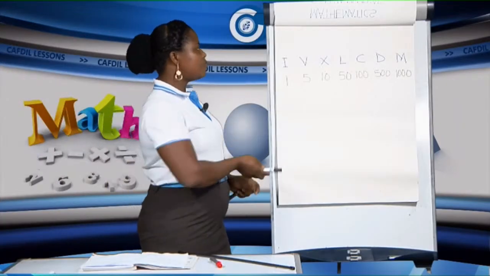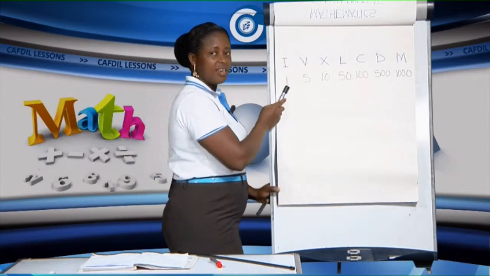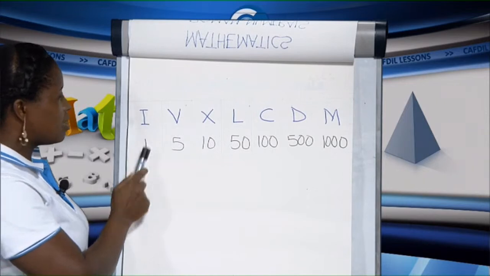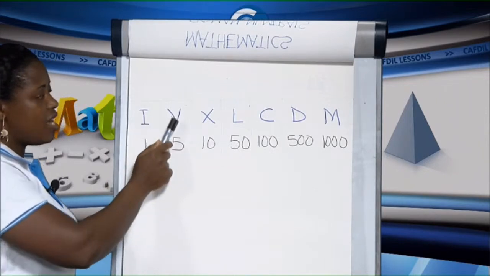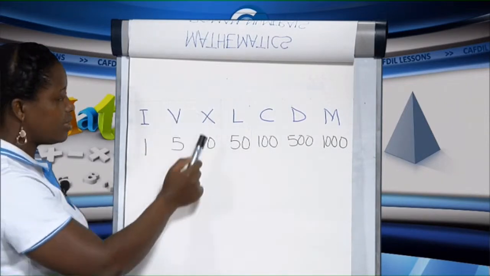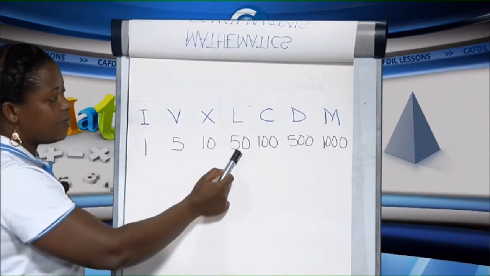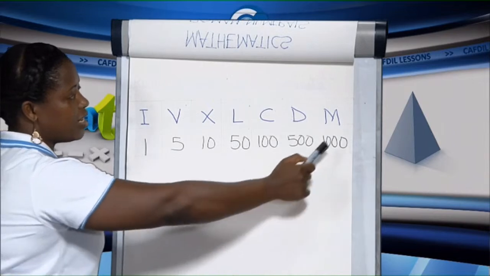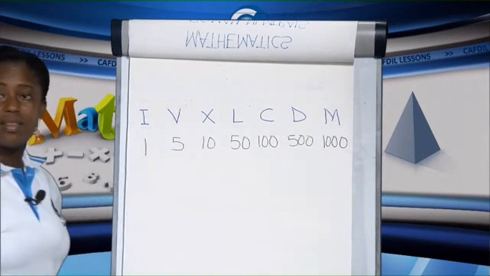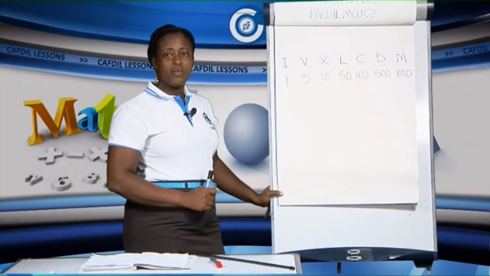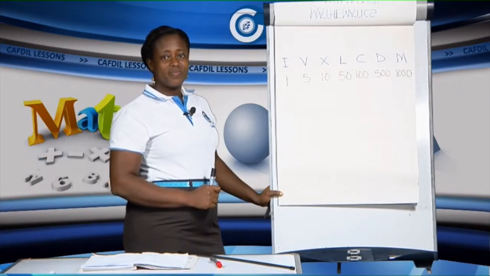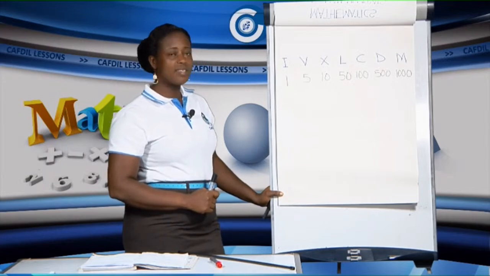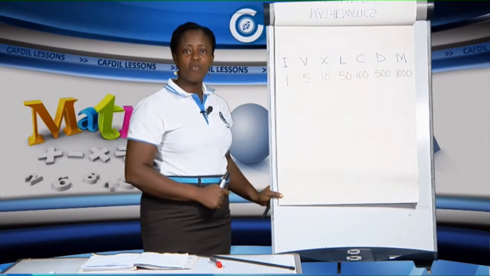So I is 1, V is 5, X is 10, L is 50, C is 100, D is 500, and M is 1,000. Just look at it, write something down before we move on.